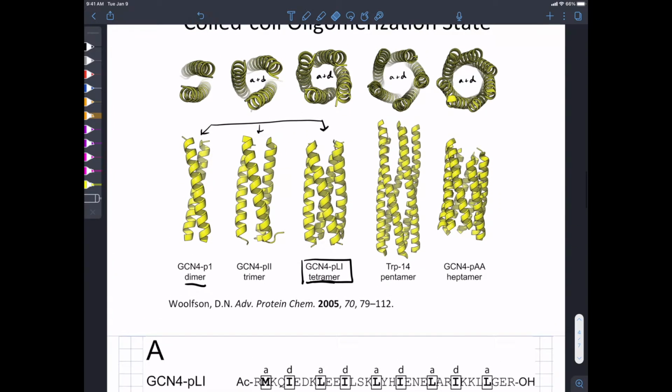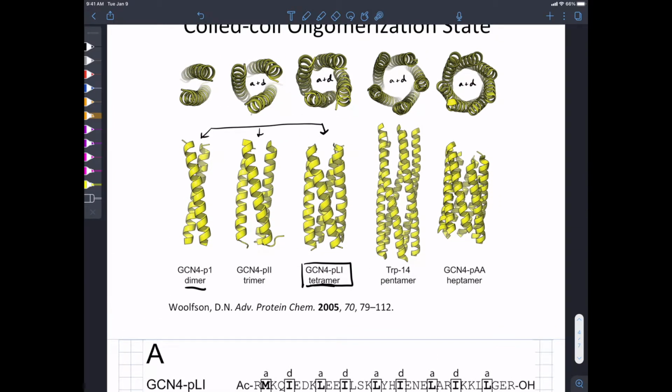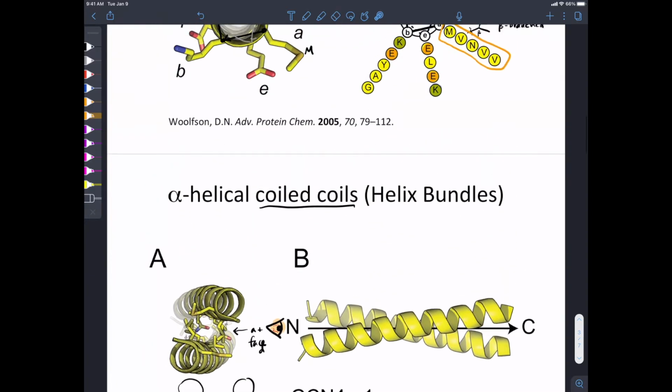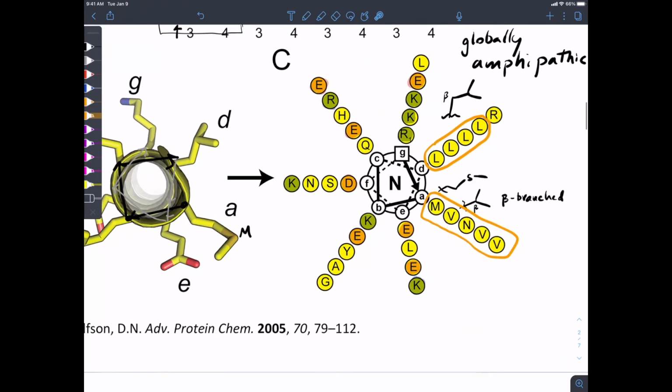And understanding the rules has been really useful, and peptide and protein chemists have gotten a ton of mileage out of studying these things. In my lab, what we're working on is a lot of the rules are really well worked out for the A and D positions and also for the G and E positions. It's generally thought that you could do whatever you want on this solvent-exposed face, the B, C, and F positions.